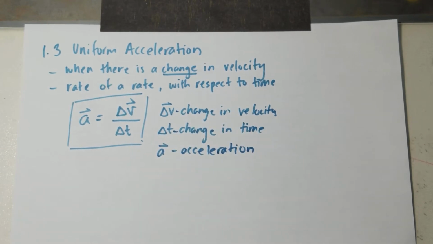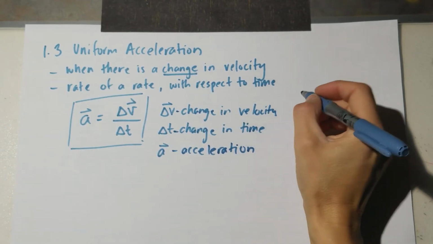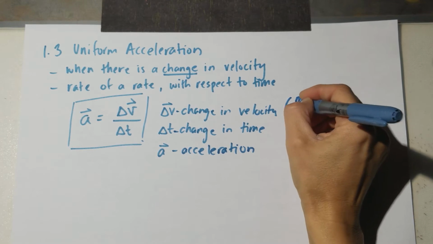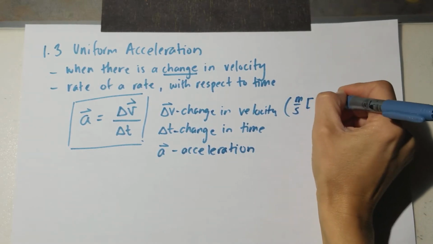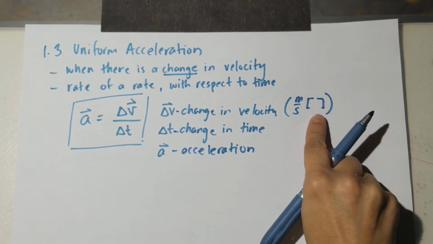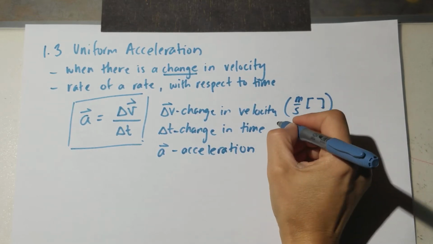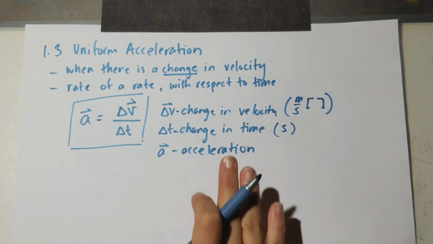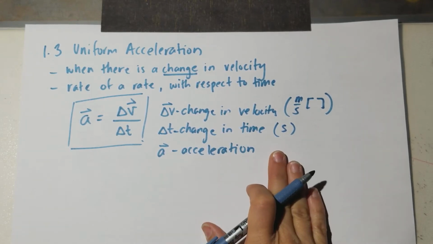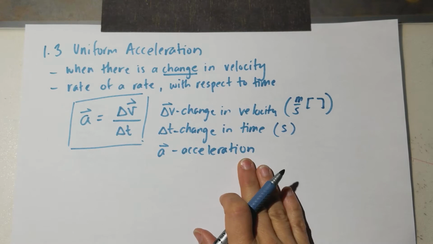So if we take a look at the units for a minute, velocity, one possibility is meters per second, but don't forget it is a vector, so it needs a direction. Time, we'll say it has units of seconds. So if that's true, what are the units of acceleration?